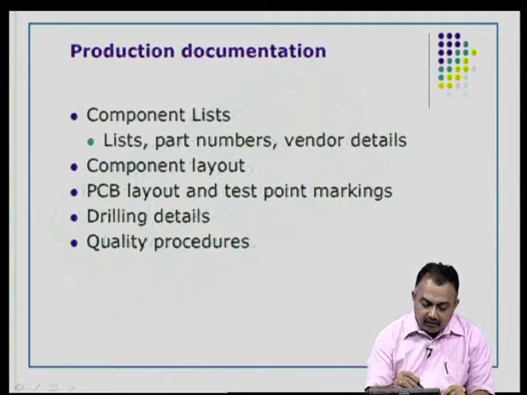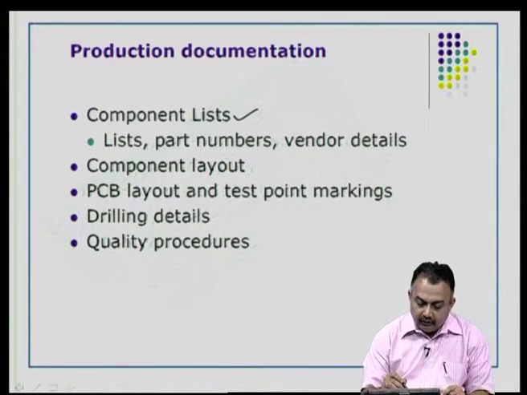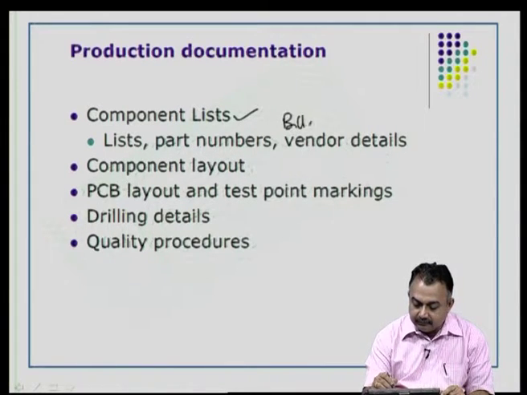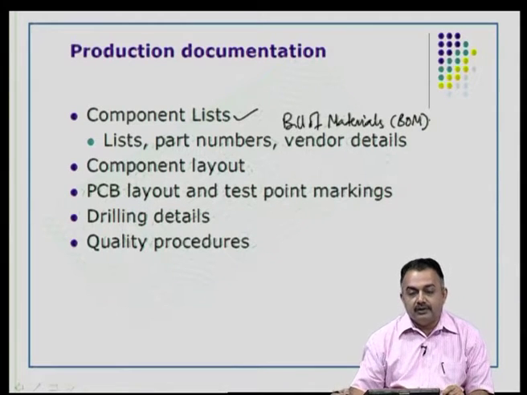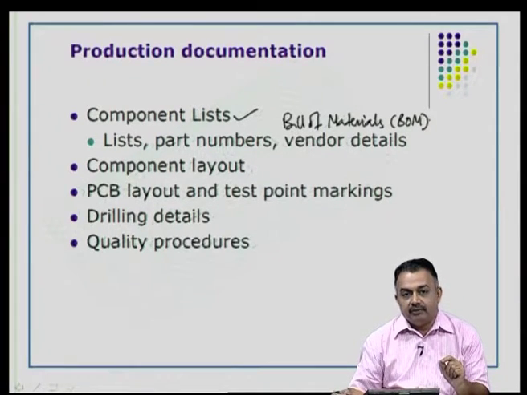You can create a component list, a list of all the components that are used. It is known as the bill of materials, BOM, which indicates the component name, number of components used, cost of each component, total cost of components in the entire design, including vendor details and so on.